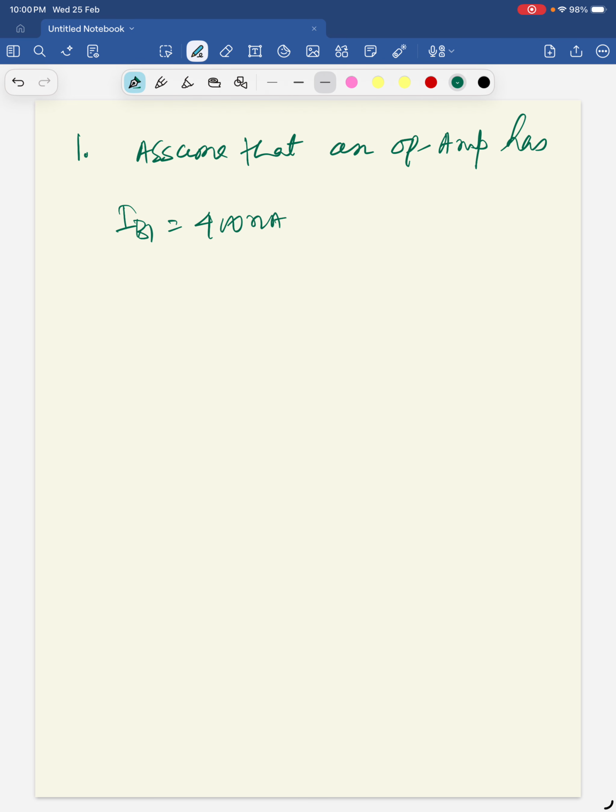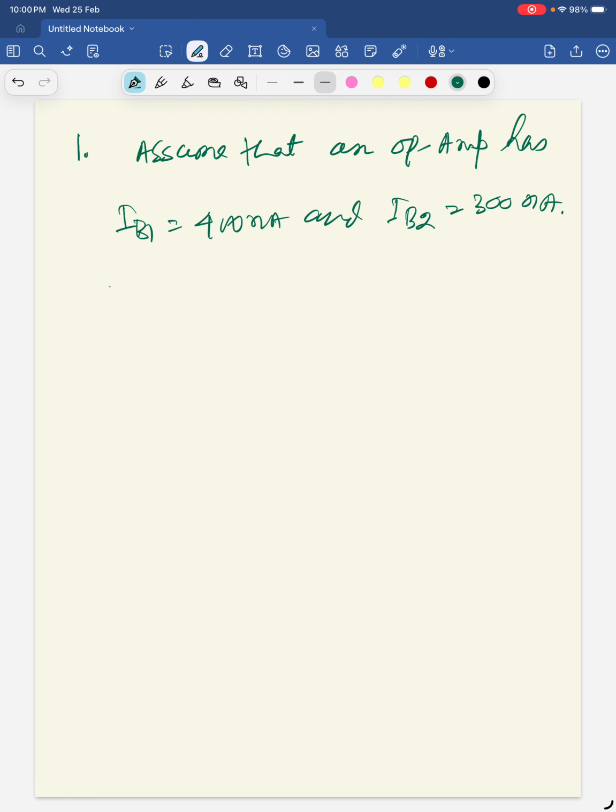So today's first numerical is: assume that an op-amp has IB1 400 nanoampere and IB2 300 nanoampere.